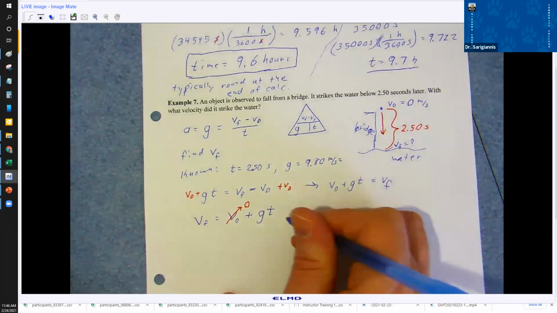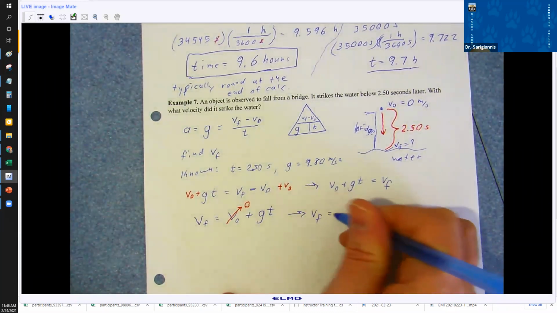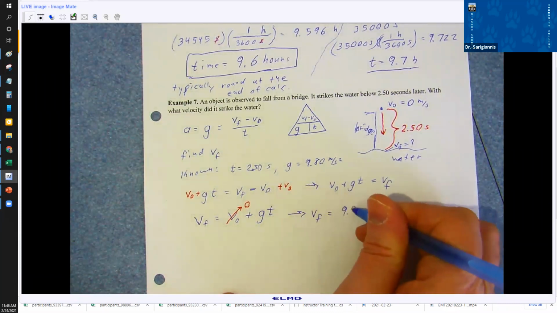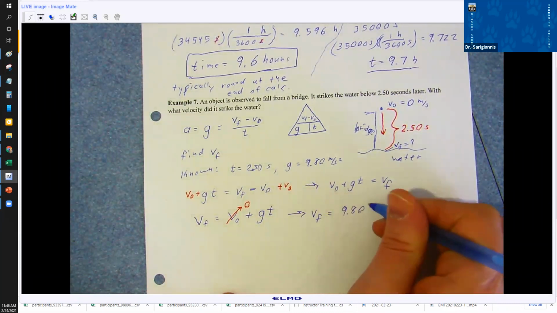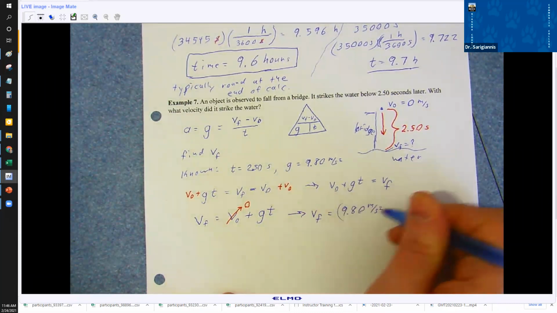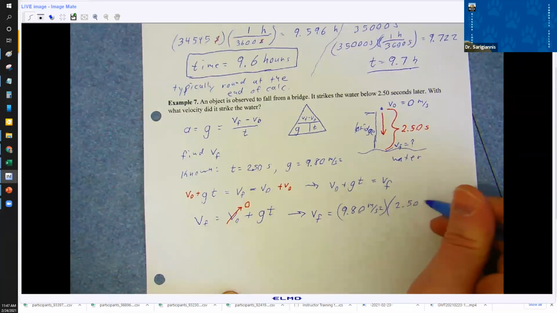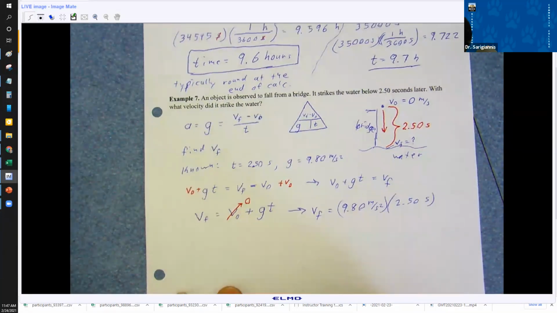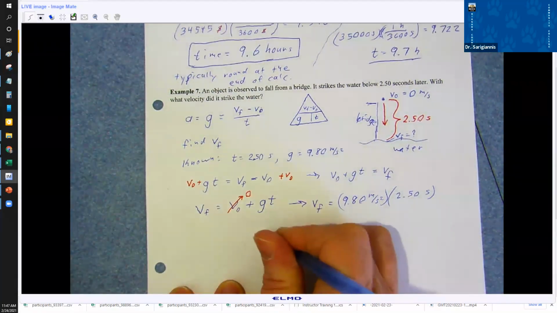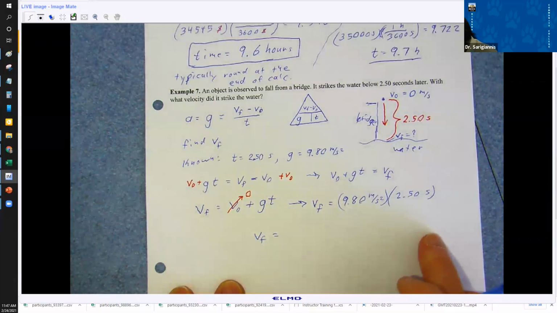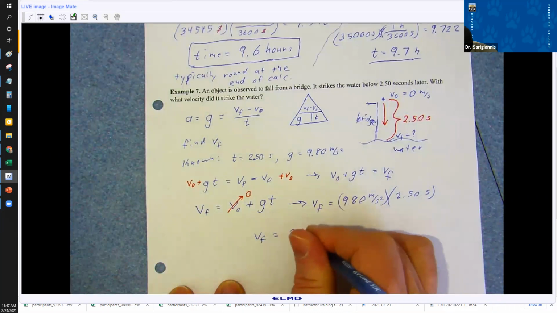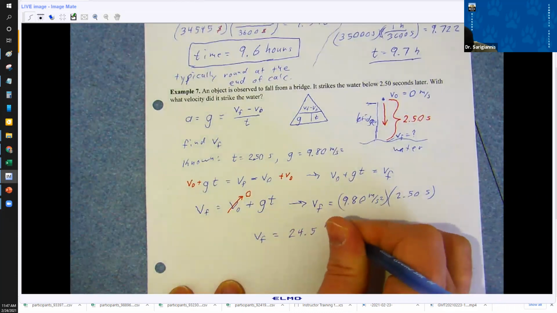So then we wind up with VF equals, let's put the numbers in now. We've got 9.80 meters per second squared times 2.50 seconds. And VF here is going to be equal to, this actually turns out to be right on, I think. Let's see, 9.8 times 2.5. Yes, 24.5 meters per second.